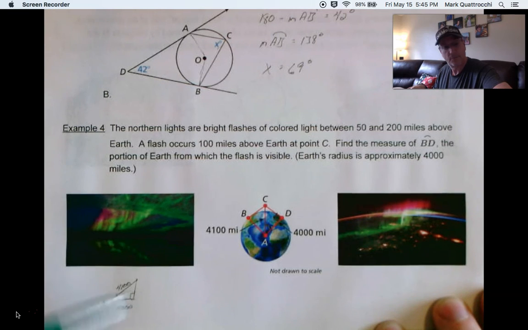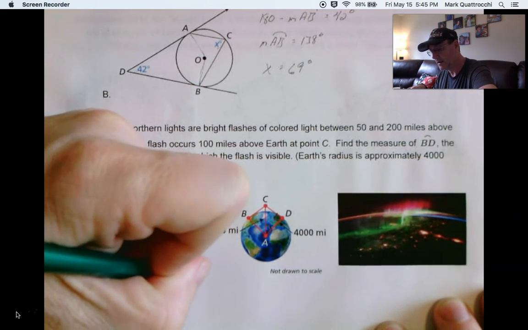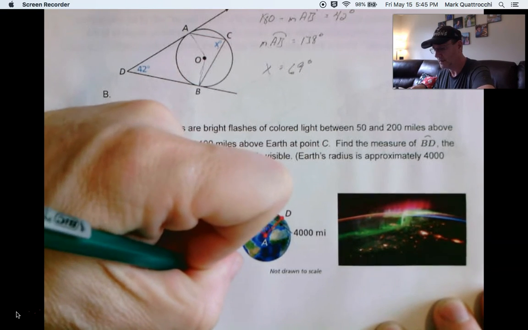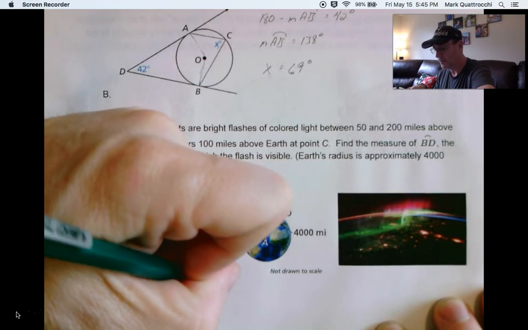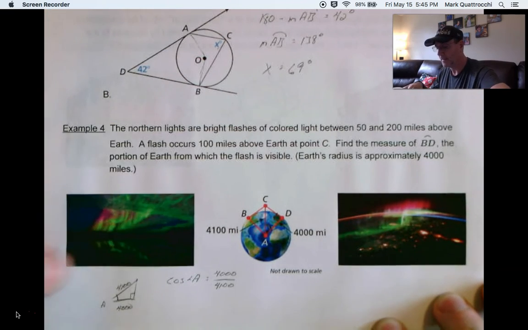Okay, so SOHCAHTOA is going to tell us the measure of that angle. This is adjacent, so cosine angle A equals 4,000 over 4100, or 40 over 41.